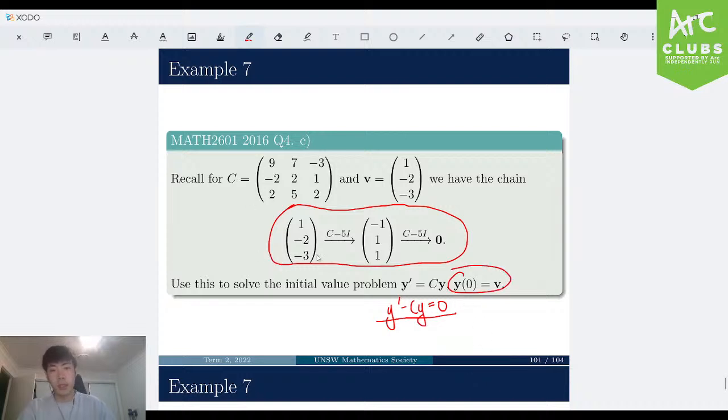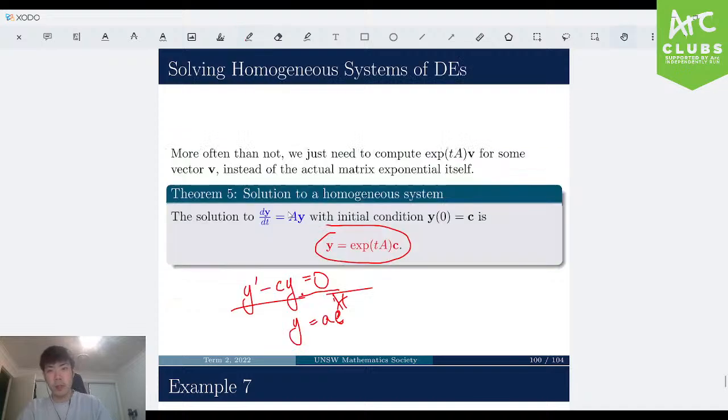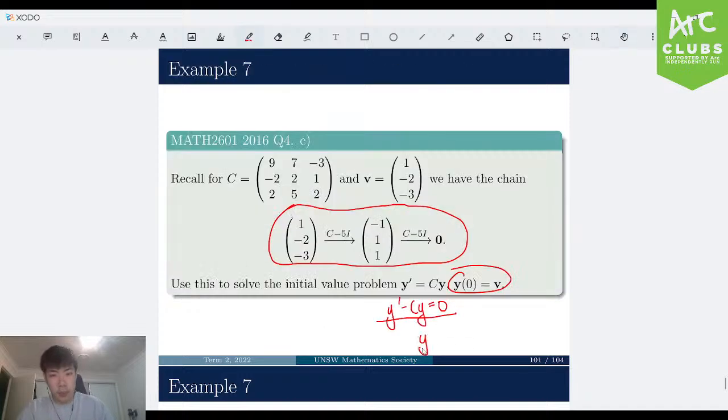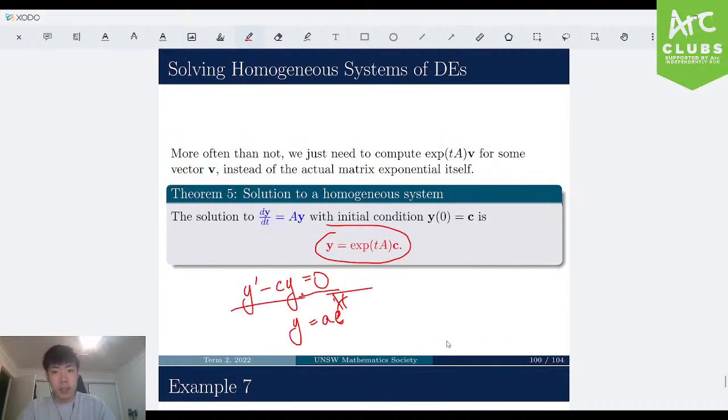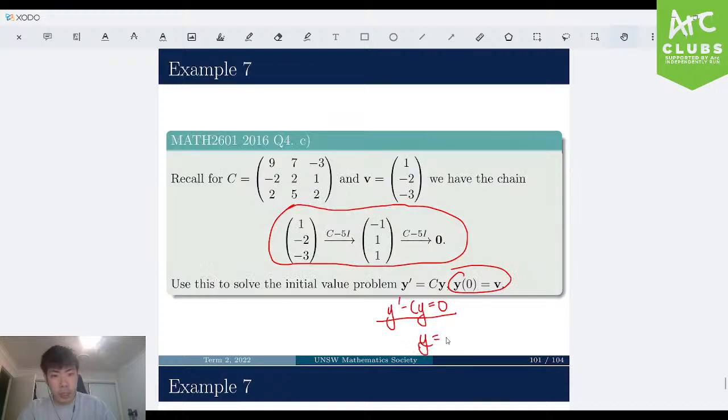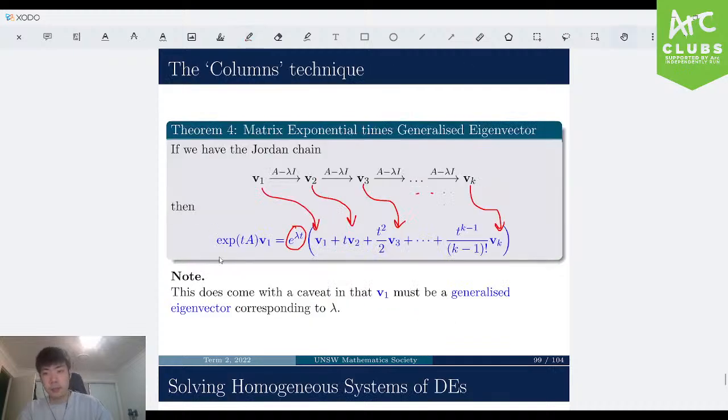Okay, so recall by our previous theorem, the answer should be exactly e to the power of tC times the initial vector v. Okay, but what is this? This is exactly just this, correct? And so we can apply this theorem directly, and we get our answer instantly.